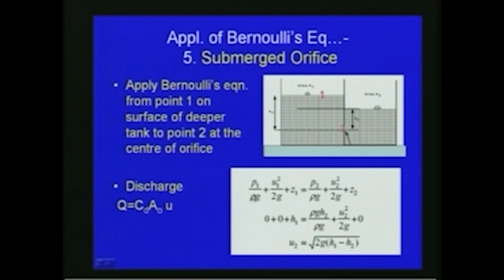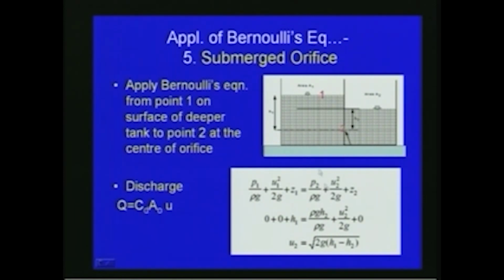From Bernoulli's equation we can write P1 by rho g plus U1 square by 2g plus Z1 is equal to P2 by rho g plus U2 square by 2g plus Z2. Since it is at atmospheric pressure, P1 by rho g will be equal to 0, and the velocity here will be 0, so U1 square by 2g is also 0. Z1 is equal to H1 if you take the datum as the center line of the orifice.